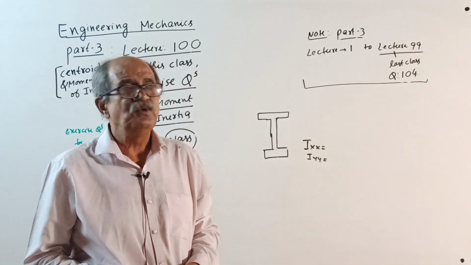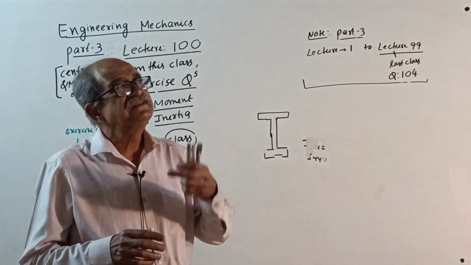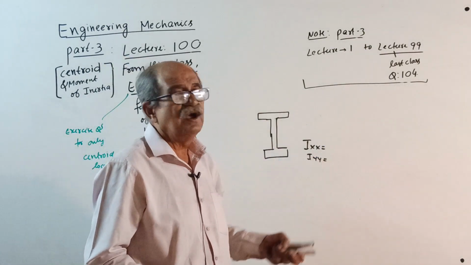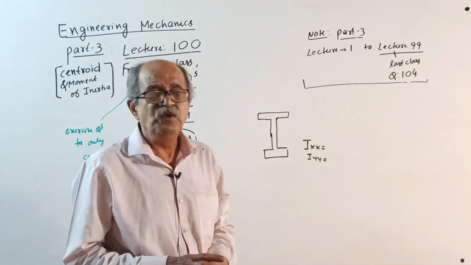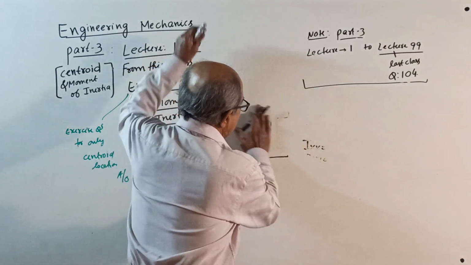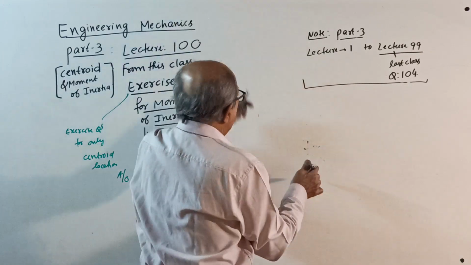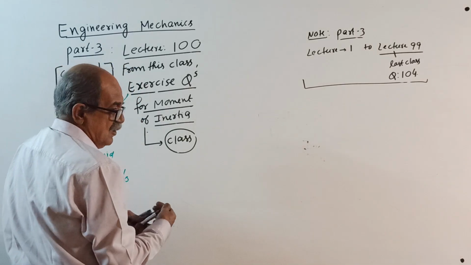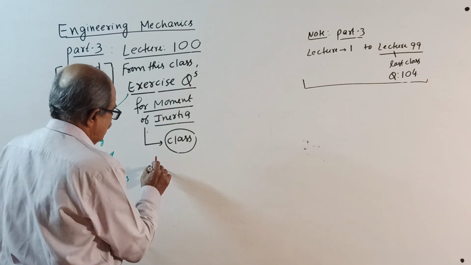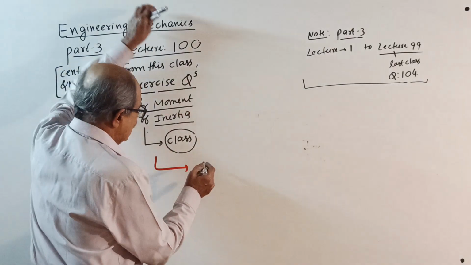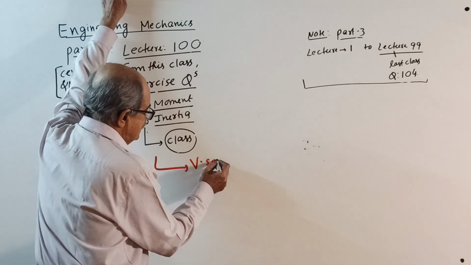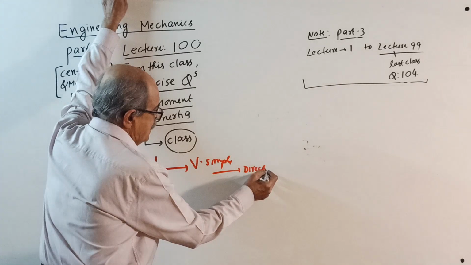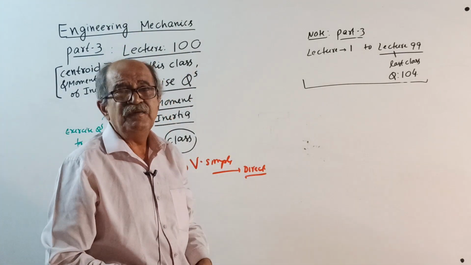Then doubt comes: whether I made a mistake in centroid location, or is my centroid correct and moment of inertia wrong. So in all the exercise questions, when questions are very simple, I will give the direct answer. But direct means I may give intermediate values.